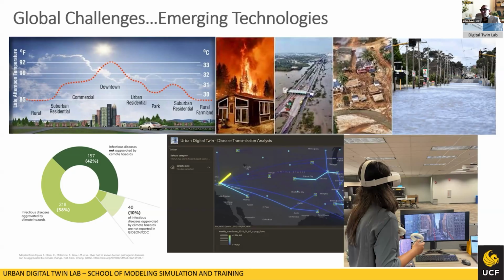So these are really challenges that threaten us in cities and regions and rural areas, but at the same time our infrastructure.